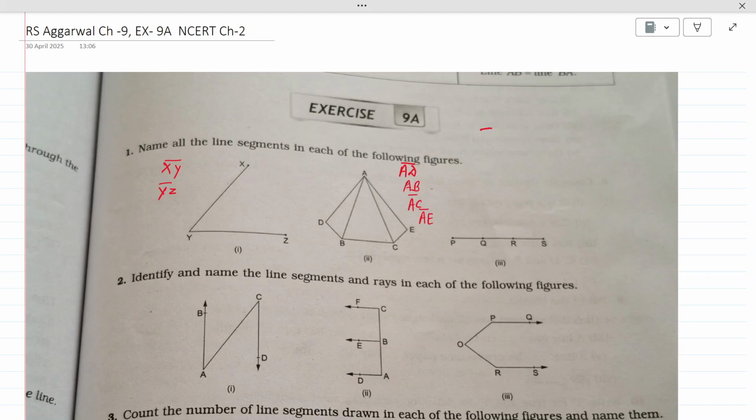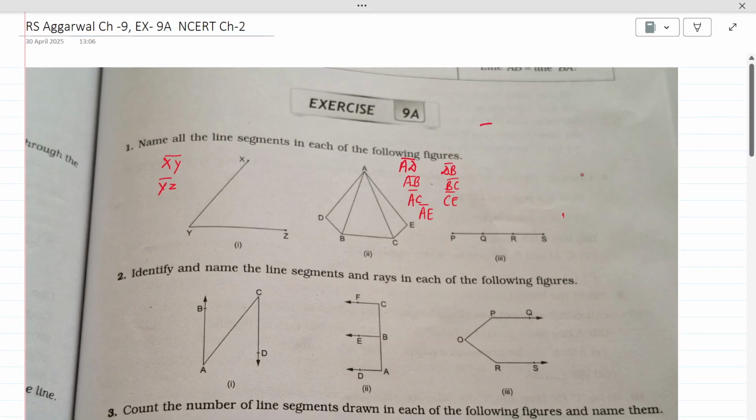These are the 4 line segments from point A. We also have these: they are at fixed points and have no arrows extending in any direction. So the next are DB, BC and CE. In this figure, these are the line segments. Kids, the third one is very easy and is homework for you.